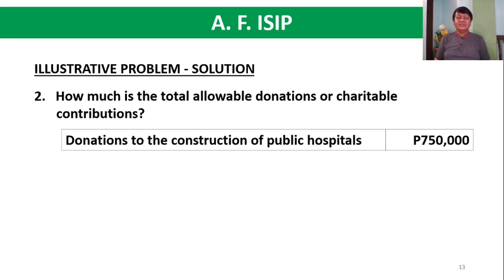Actually, the actual amount that we donated is 300,000 pesos, but that amount is not allowed as full deduction by the BIR because Lingap Pangkabataan is not accredited. So how are we going to compute for the amount of allowable deductions for donations to Lingap Pangkabataan?